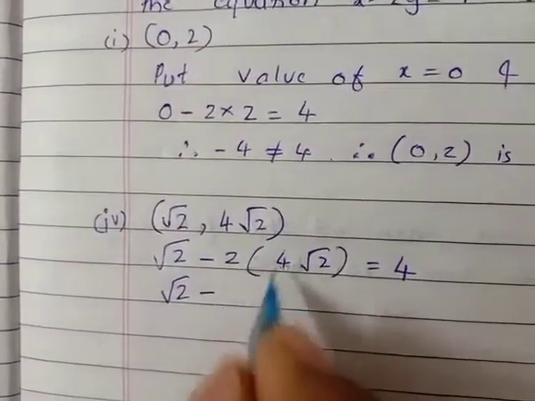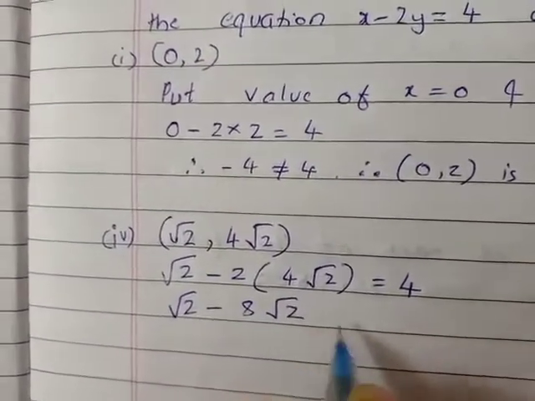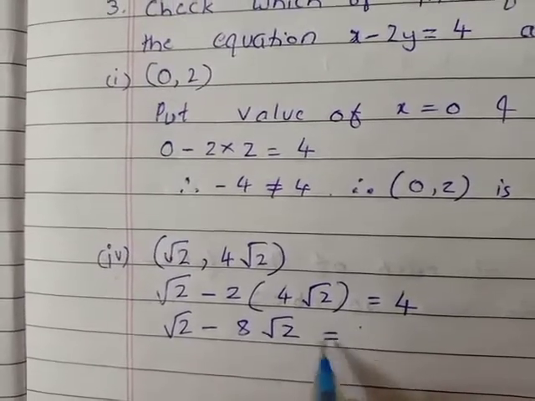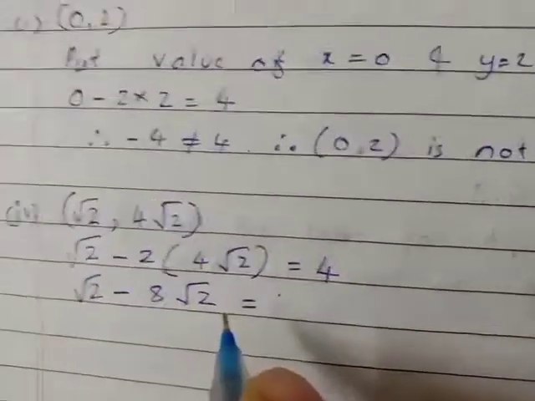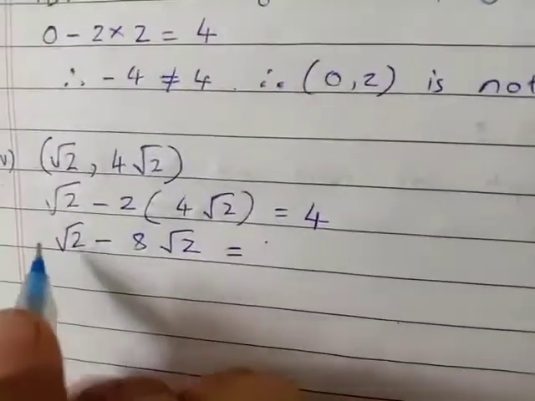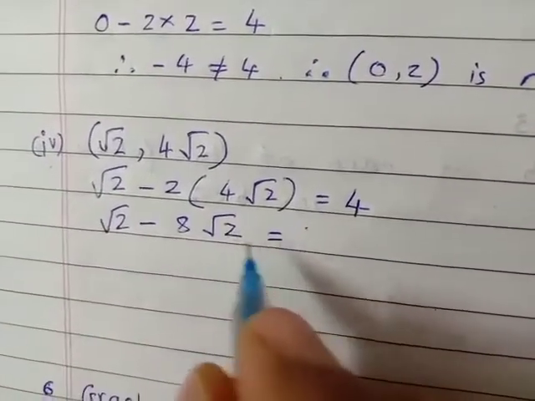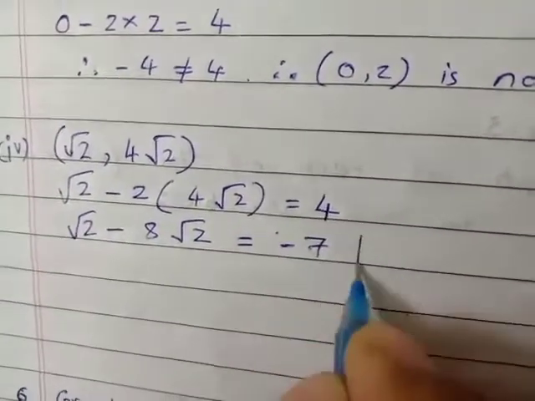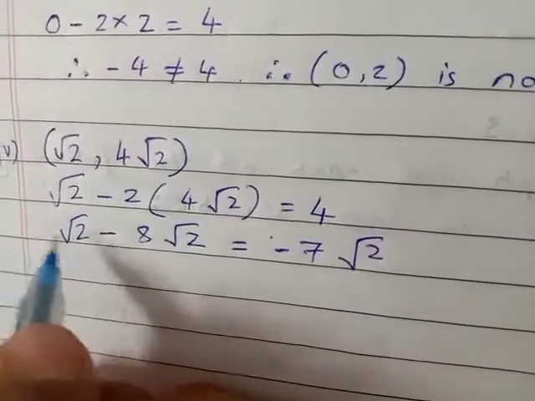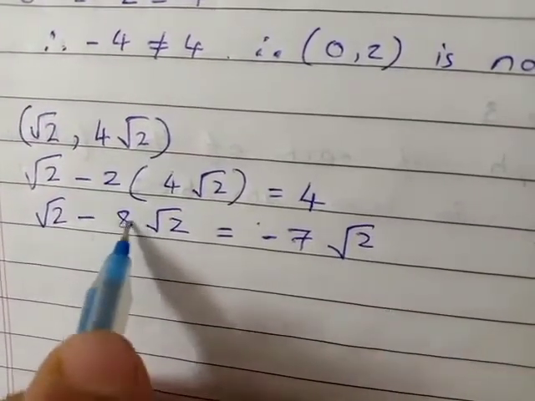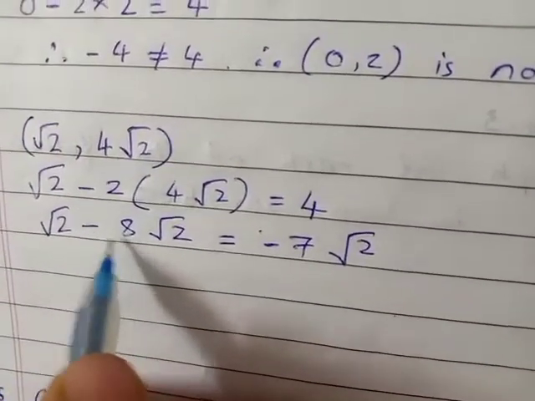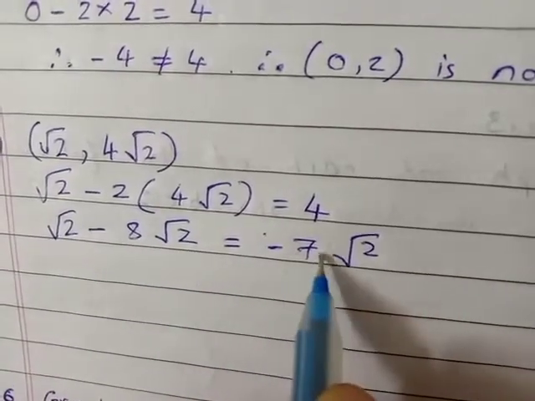Root 2 minus 4 2s are 8 root 2, so 1 root 2 minus 8 root 2 is minus 7 root 2. Plus minus minus is minus. 8 minus 1 is 7 and the sign of the greater number is minus, so you have to put minus.